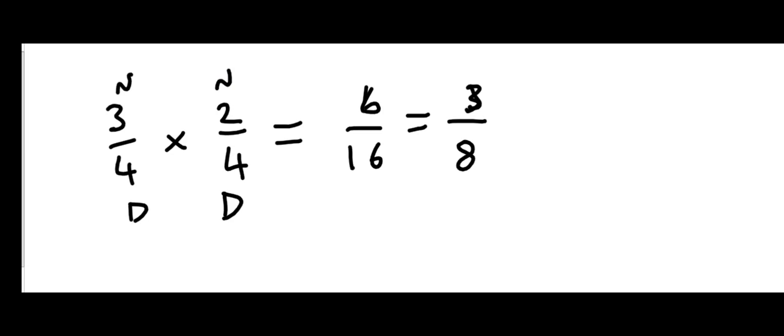Alright, let's take one more example, and then I will give you some examples to work through on your own. Let's take two even numbers again. Let's take 7 over 8 and multiply that by 8 over 10.